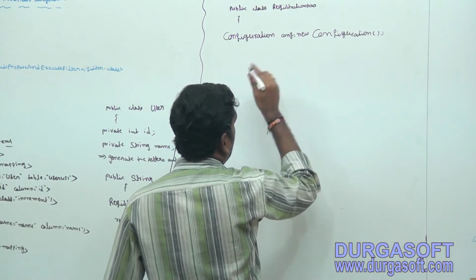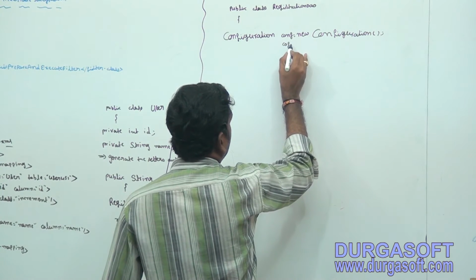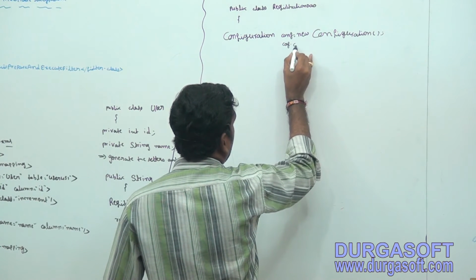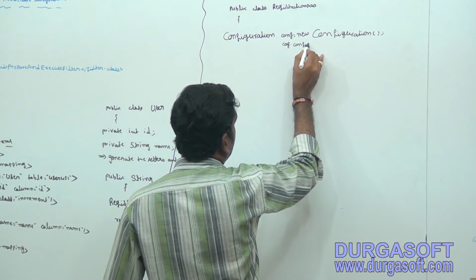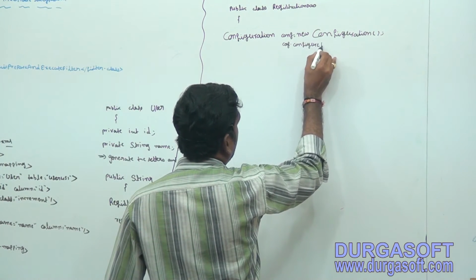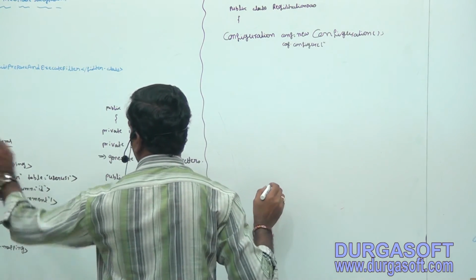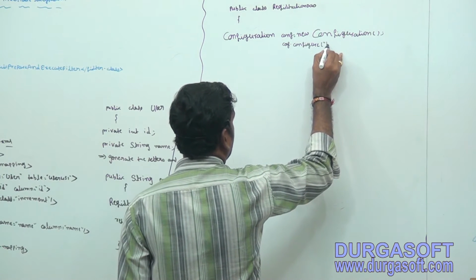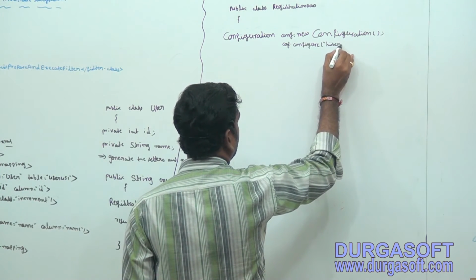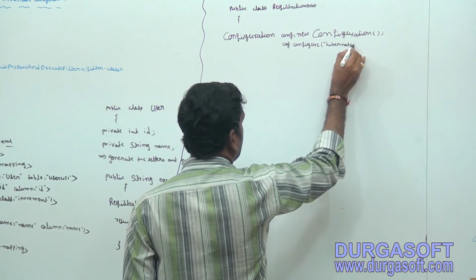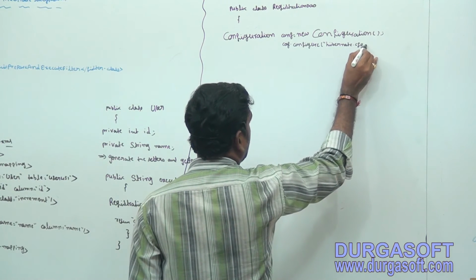Under that, conf dot configure. Now the hibernate.cfg.xml file we can pass here.